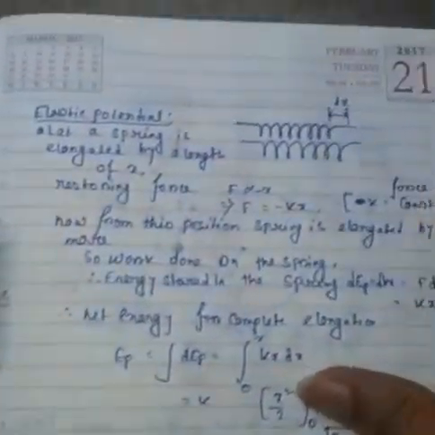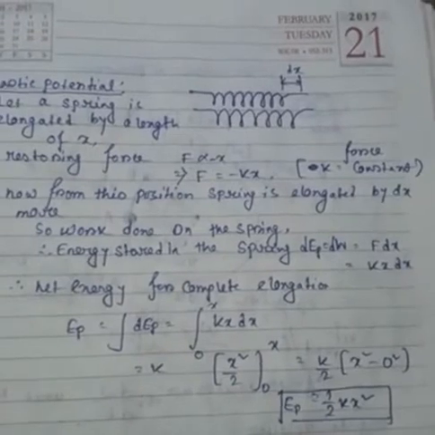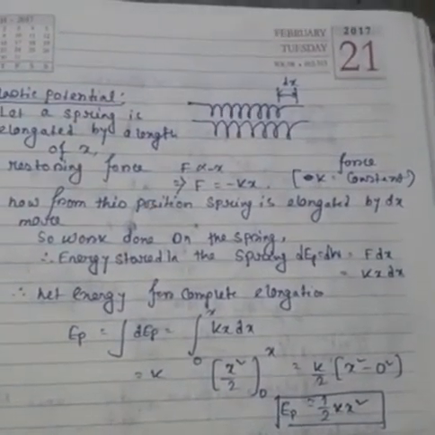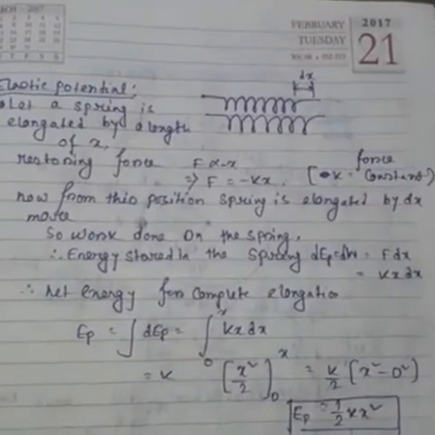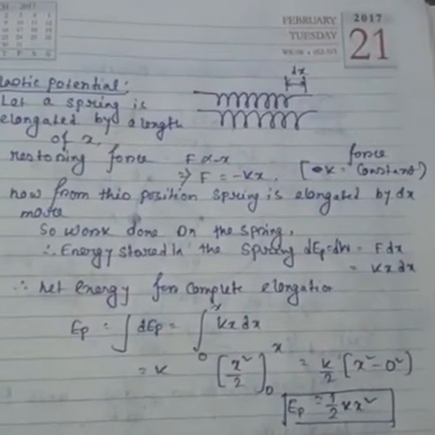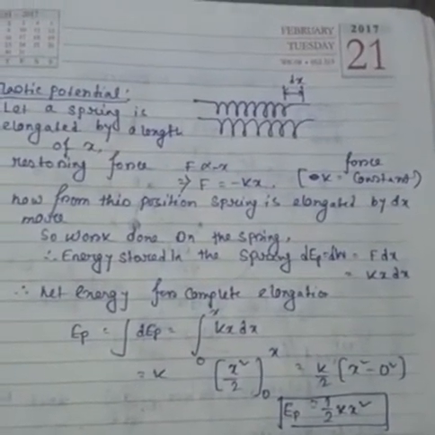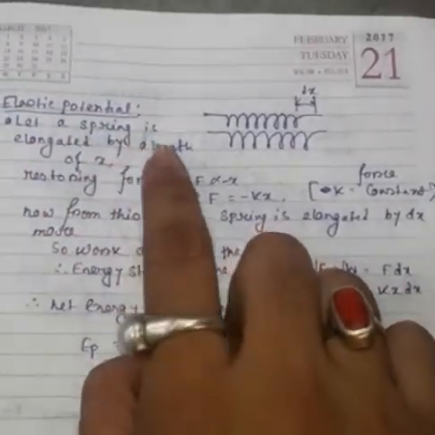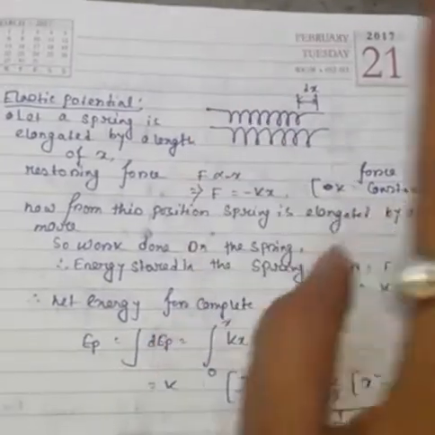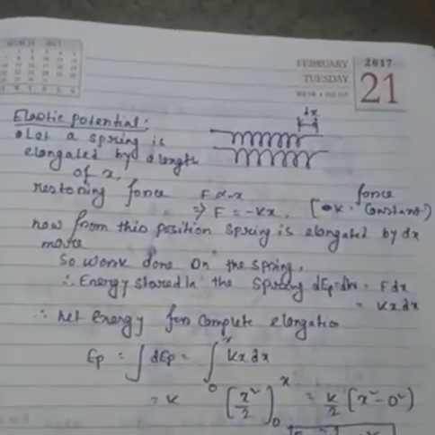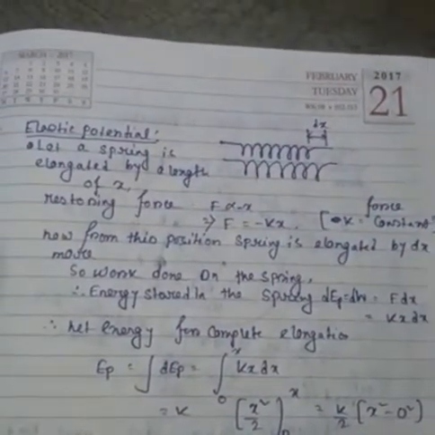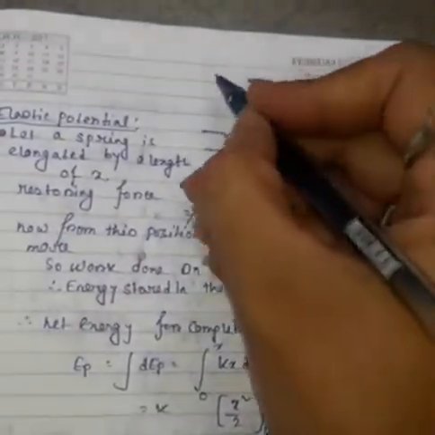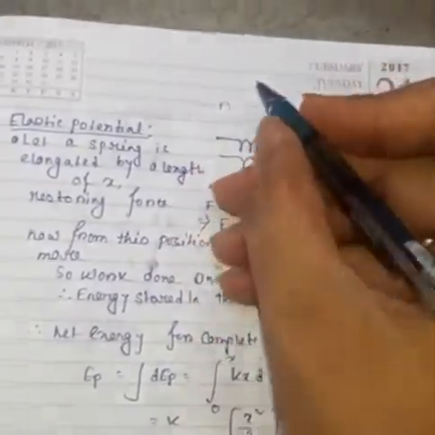Now in our next discussion we will see that a change in the size or shape also leads to some amount of energy stored in the object. Let's start with a spring that has a length of L. Let it be elongated by a length of x.